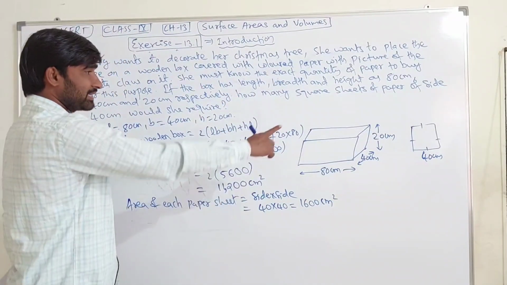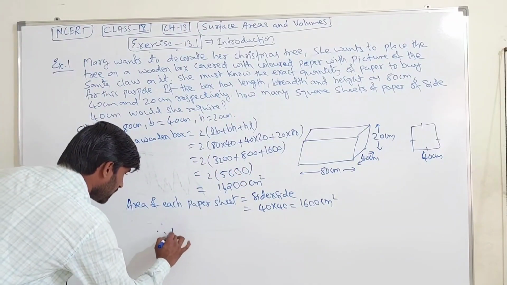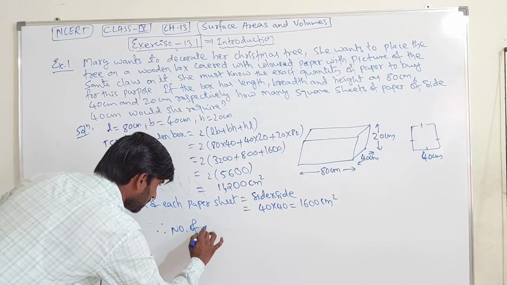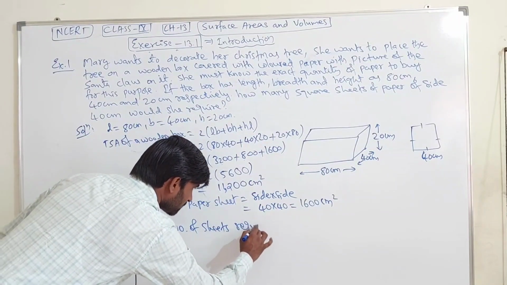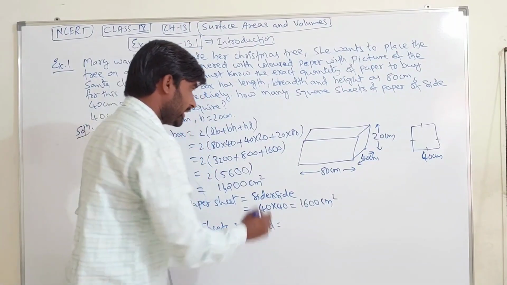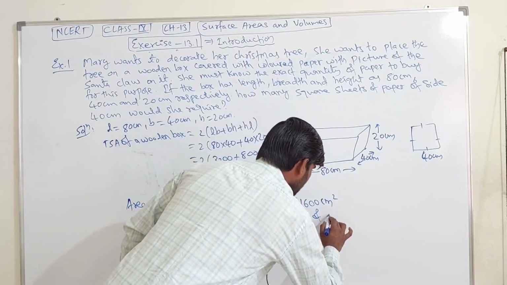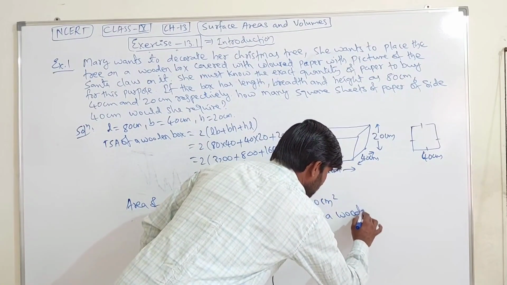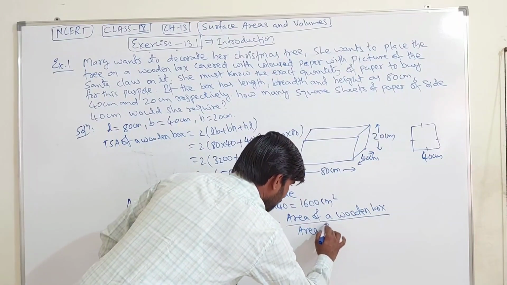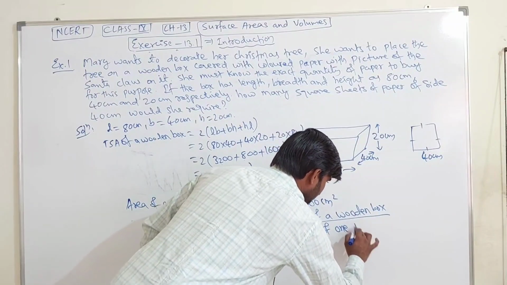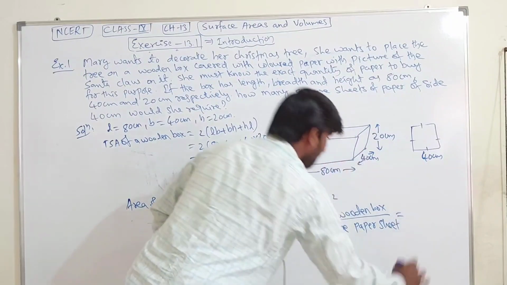Now we have to find how many paper sheets she requires, that is, the number of sheets. Therefore, the number of sheets required is the area of the complete wooden box, that is the cuboid wooden box, divided by the area of one sheet of paper. So apply the values.